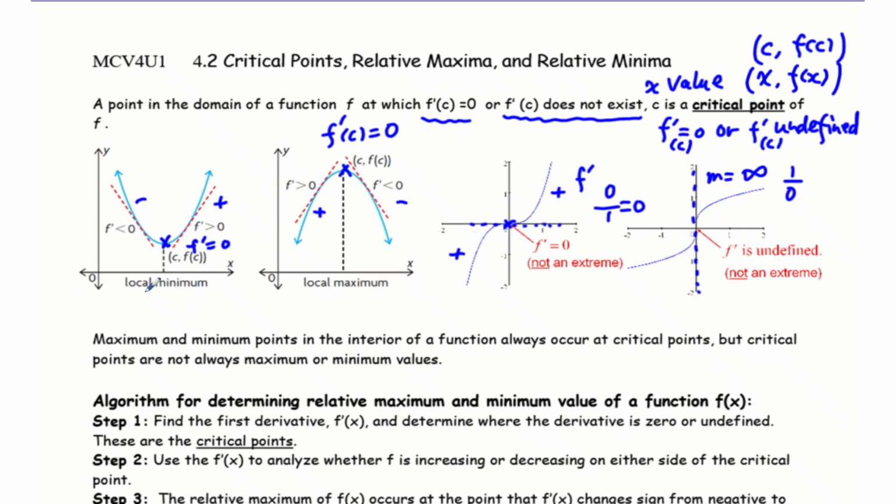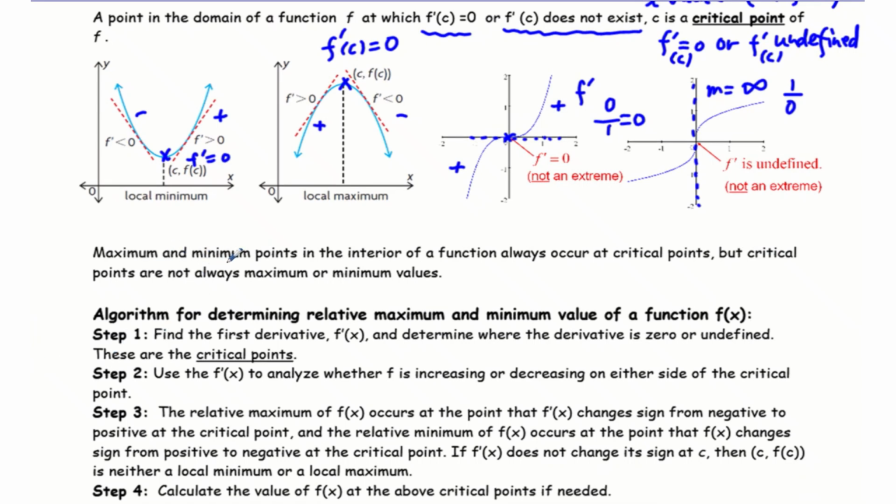So in this lesson, we are going to study critical points to find the relative maximum and relative minimum. Then it helps us to graph a function in the future. So all the lessons are preparing us to graph a function.